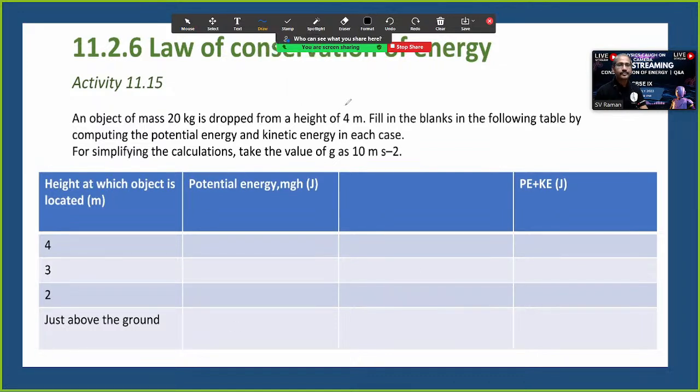As you know, potential energy PE is equal to mgh. So mass m value 200, g value 10 they have given, and height value we need to consider 4.